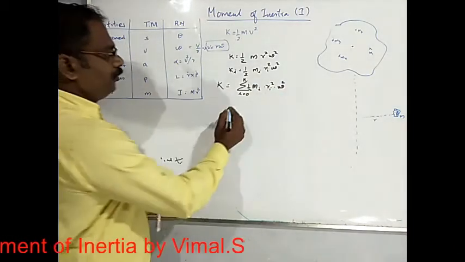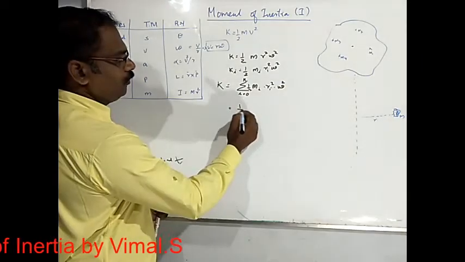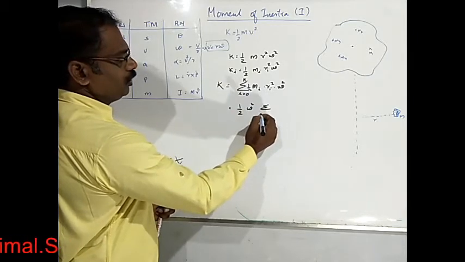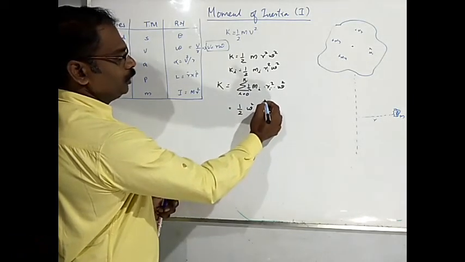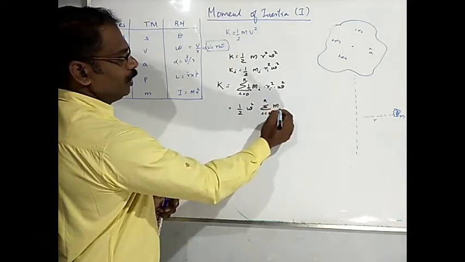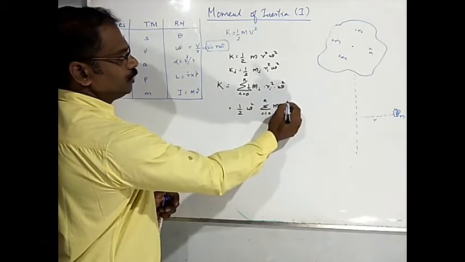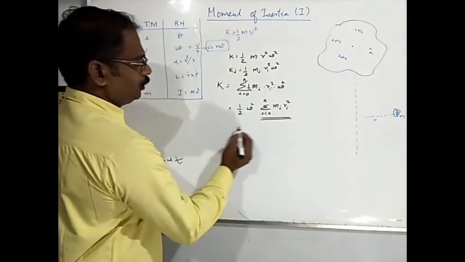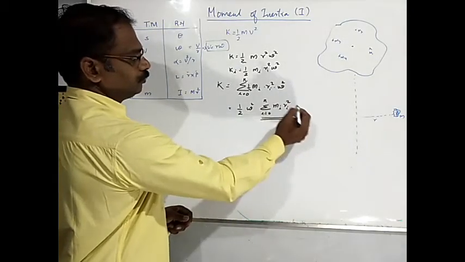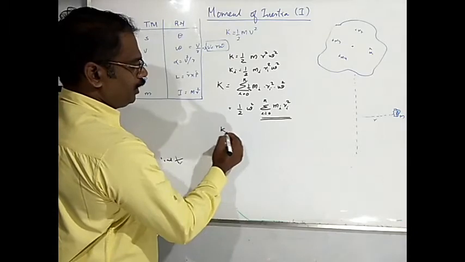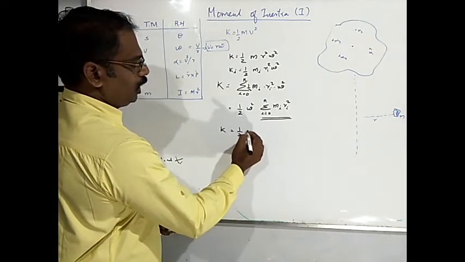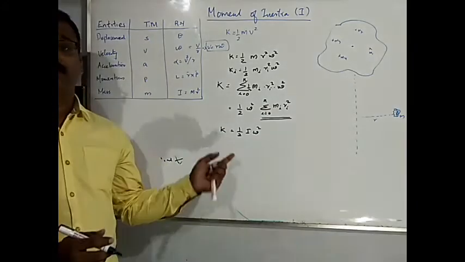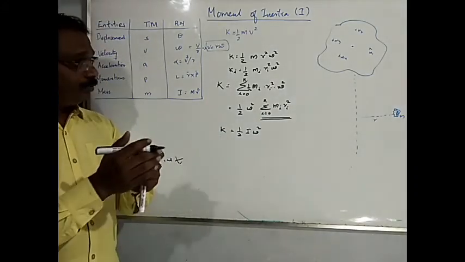Now we can write this equation as half omega square into the summation of i equal to 0 to n of m i r i square. This part is equal to I. Therefore, K equals half I omega square. This is the equation for the kinetic energy in the case of angular rotation.